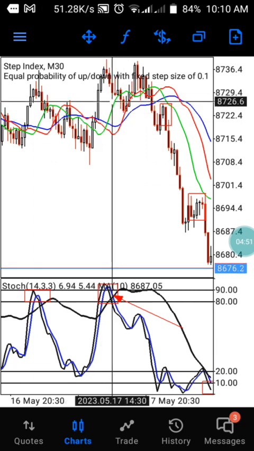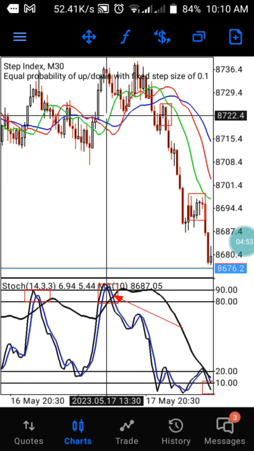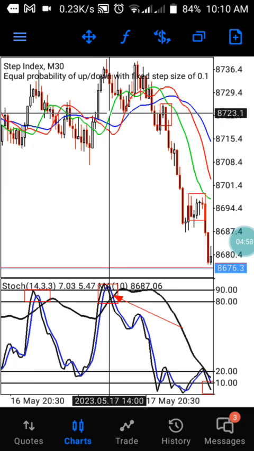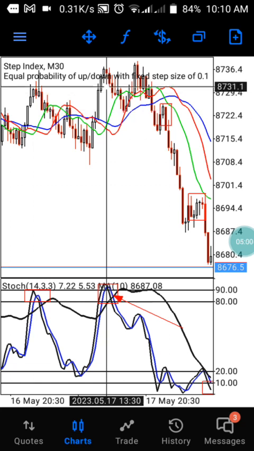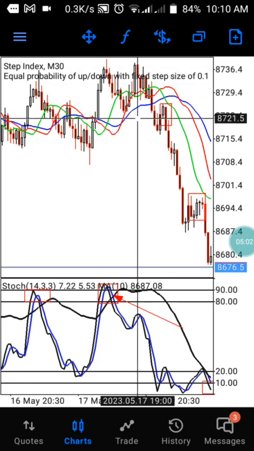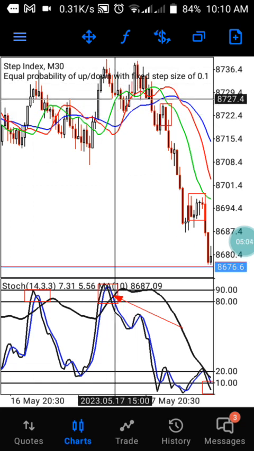You see that? It's giving us an uptrend at this particular moment. So you know that this market is going to come down on a downtrend. We know that for sure, but the market is going to reverse for some time before it gives us a good confirmation of a downtrend.